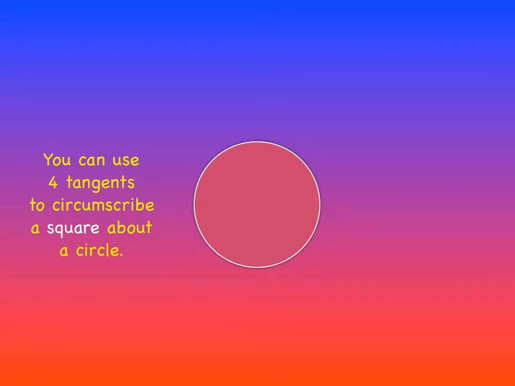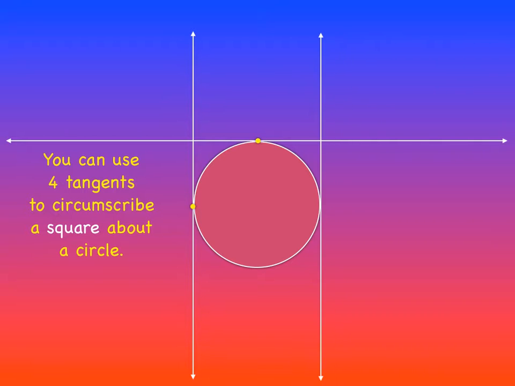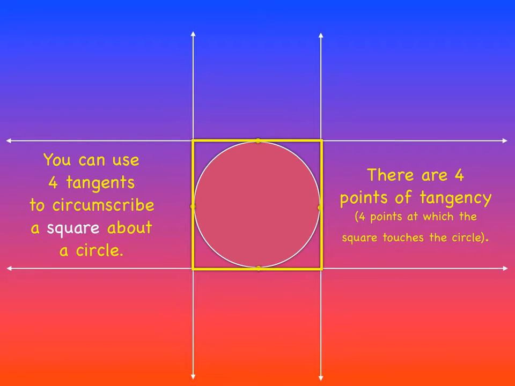You can use four tangents to circumscribe a square about a circle. There we see a square surrounding the circle. There are 4 points of tangency, 4 points at which the square touches the circle.